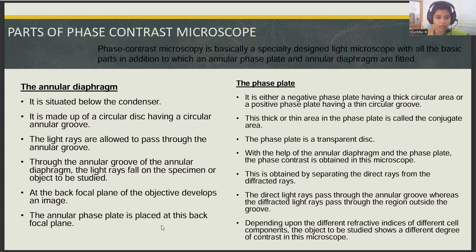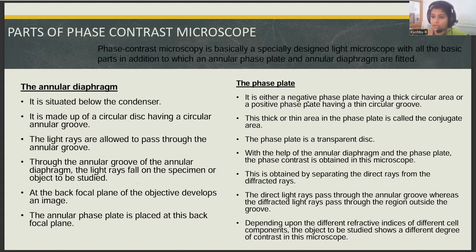This is the write-up on your annular diaphragm, and this is a write-up of your phase plate. The phase plate has two conjugate areas, a thick circular area or a thin circular area. When it has a thick circular area, we call it a negative phase. When it has a thin circular area or a groove, we call it a positive phase. This conjugate area has a thickening or thinning of its region.